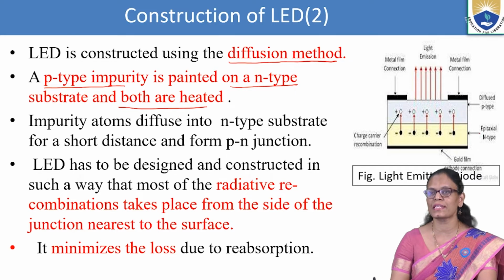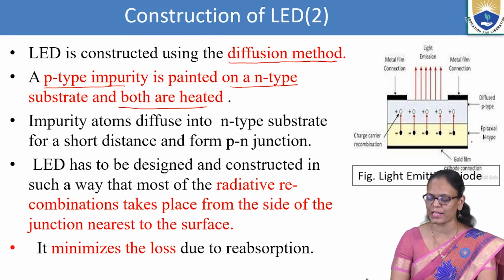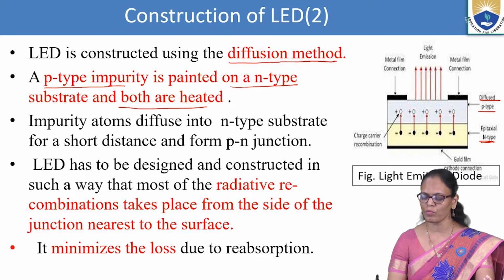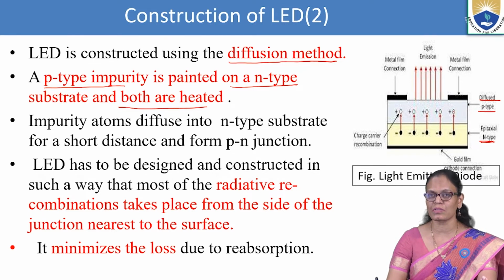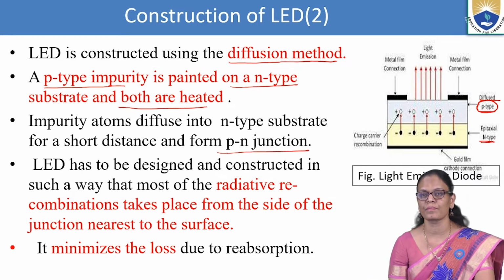So now if you see the figure here, we have a p-type and n-type. This is the diffused p-type and you have the n-type. So on the n-type, we will keep a p-type material and then heat it to a very high temperature. Then what happens? Impurities of the n-type and impurities of the p-type will diffuse into n-type and they will form a p-n junction.